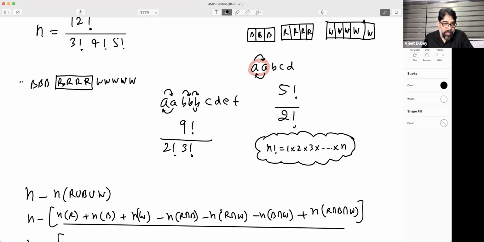What we'll do is assume this is a single object. So total how many objects? 1, 2, 3, 4, 5, 6, 7, 8, 9. 9 factorial divided by internal arrangement of this, which is not allowed, 3 factorial, and internal arrangement of this is also not allowed, 5 factorial.